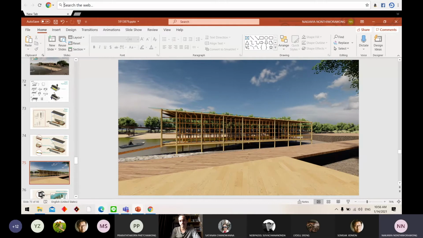Yeah. So firstly, this is a place that combines the local way of life, the local elements, with a new lifestyle. It's a boathouse for kayaks and for the local boat, which both local people and tourists can come and use together.